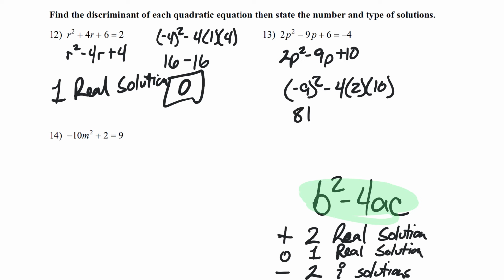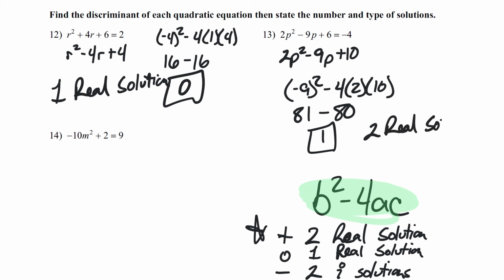So we end up with 81 minus 80. 81 minus 80 is 1. That is a positive number, falls in this category. So what we have is 2 real solutions. And that's all the discriminant does for you, it tells you how many solutions you have.